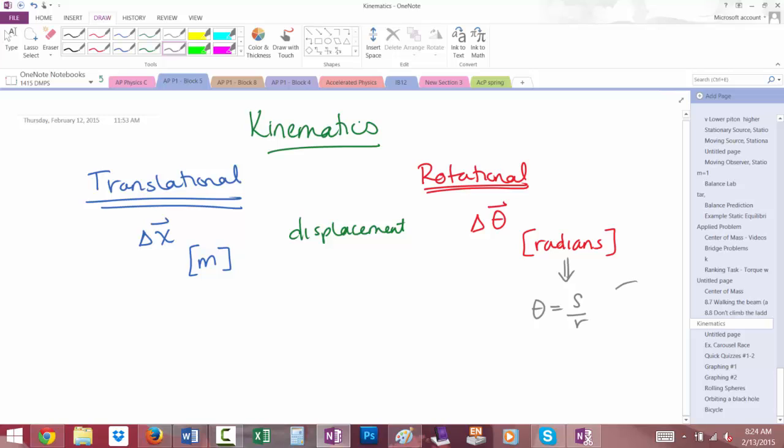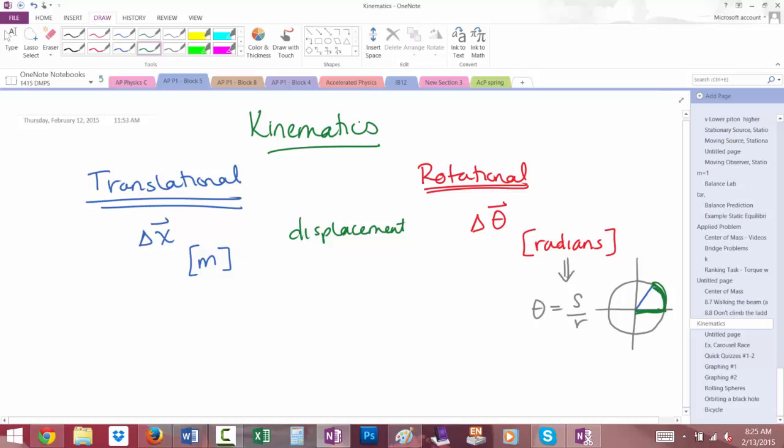So when we talk about radians, if we use a unit circle and we draw an angle up like this, to one radian, a radian is the ratio of the arc length, this part here along the circumference, divided by the radius.